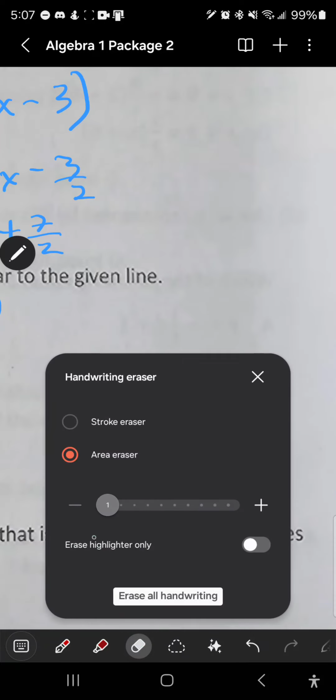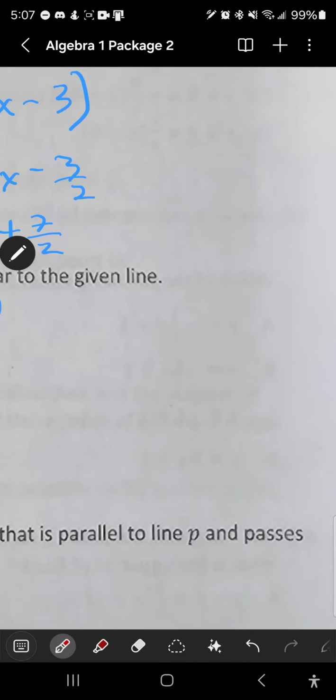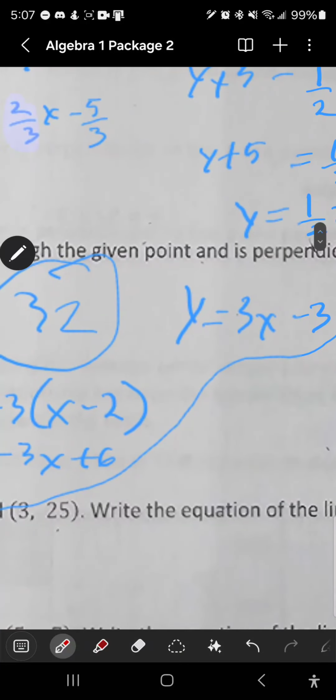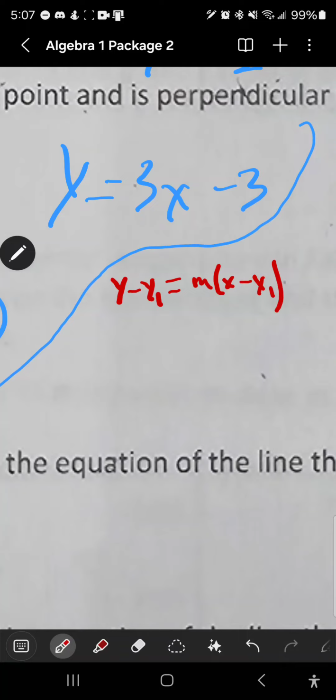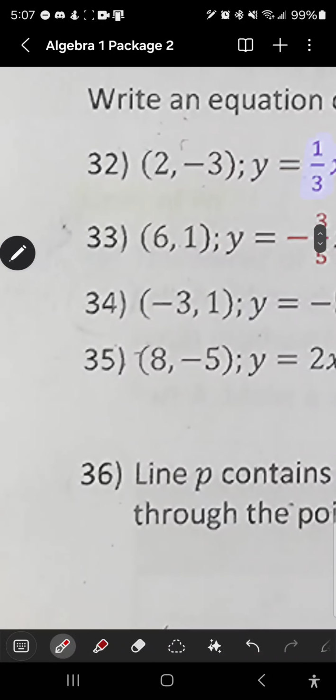I'm going to write it really small so we have space to finish. So y minus y1 equals m times (x minus x1). We have y, that's a constant, so we don't change it. Our y value is 1.